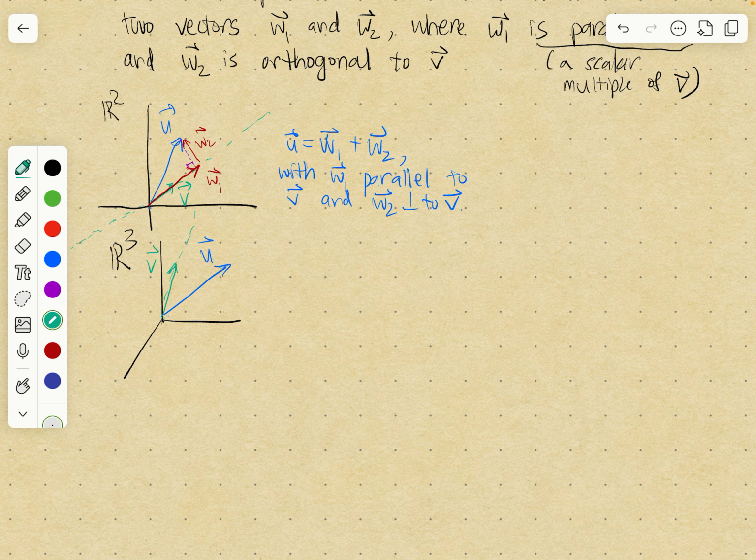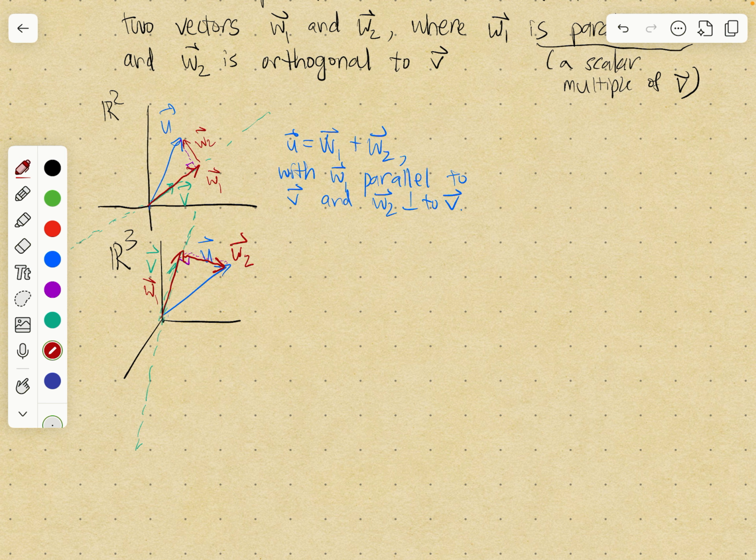Well, the span of v is this line, and if you drop a perpendicular from this vector u onto this line, then you're going to get this 90-degree angle here, and then w1 is going to look like this vector. That's going to be w1, and then w2 is going to be that vector. So that w1 plus w2 is equal to u. Okay.